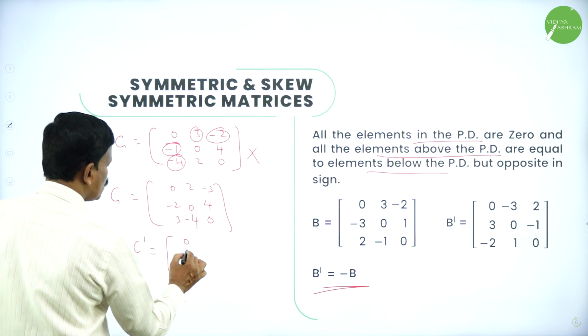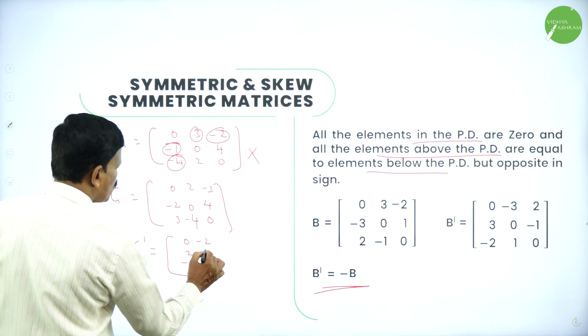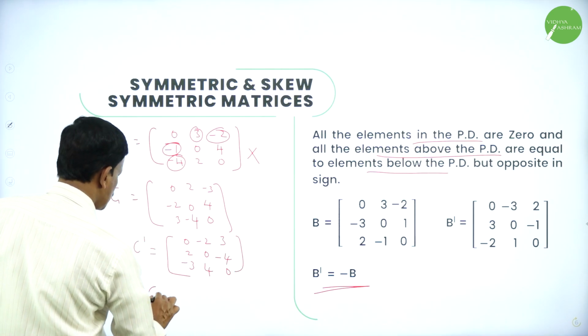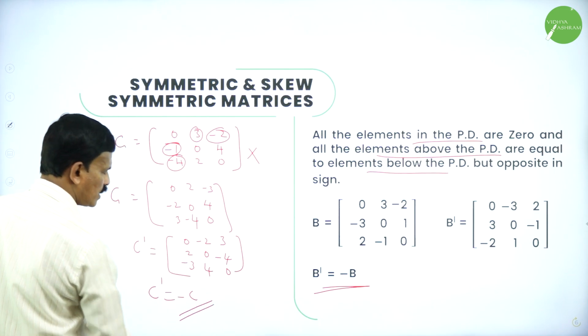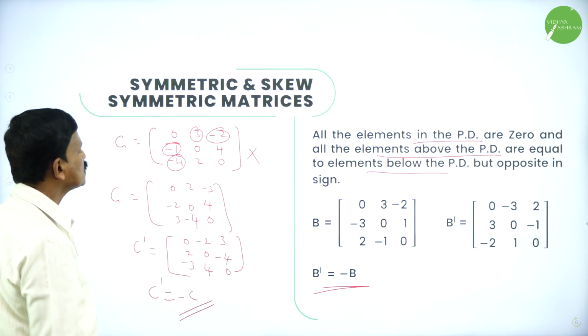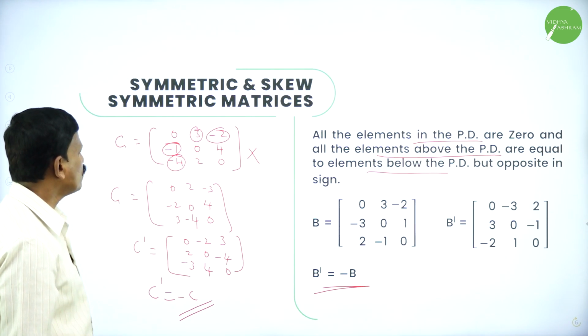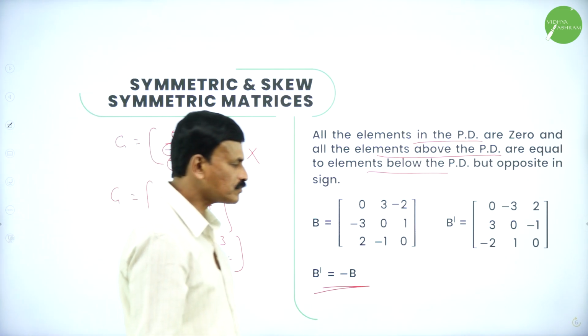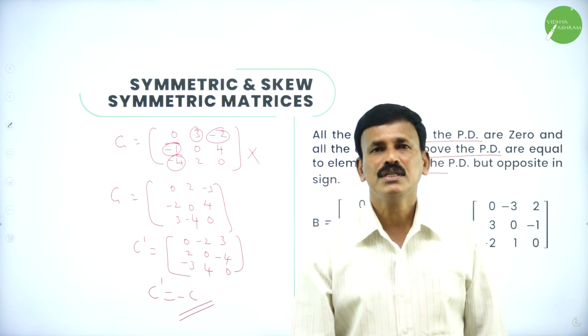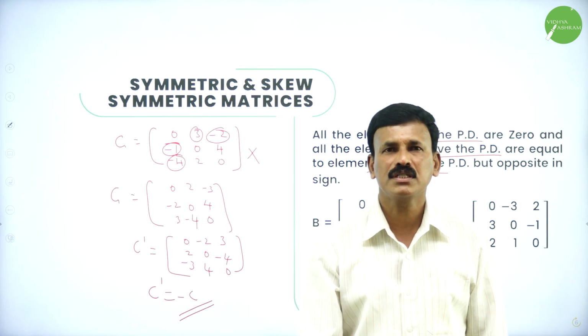Transpose this: 0, 2, minus 3, minus 2, 0, 4, 3, minus 4 and 0. Here C dash is equal to minus C. This is an example for a skew symmetric, whereas the earlier one is not an example for a skew symmetric matrix, right? So symmetric matrix means A dash is equal to A. Skew symmetric matrix means A dash is equal to minus A. That's all. That is the difference.